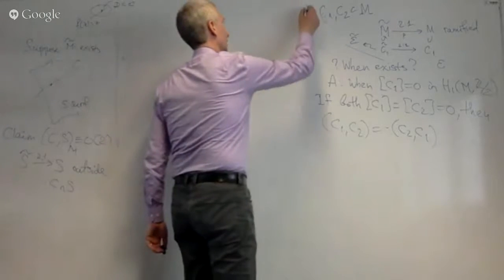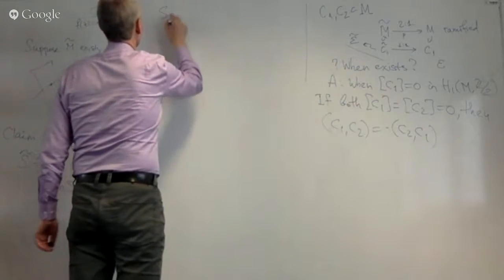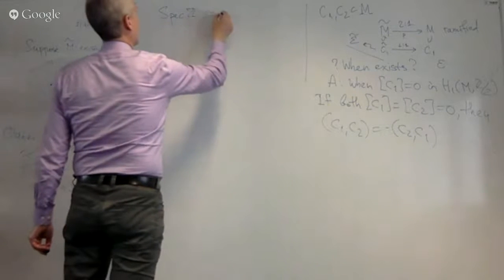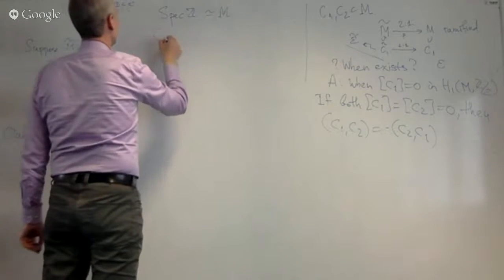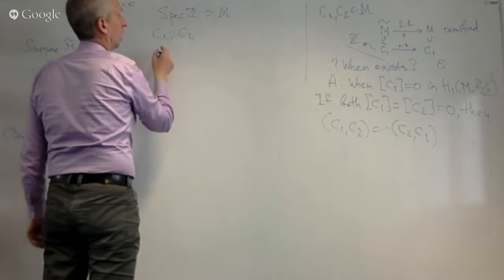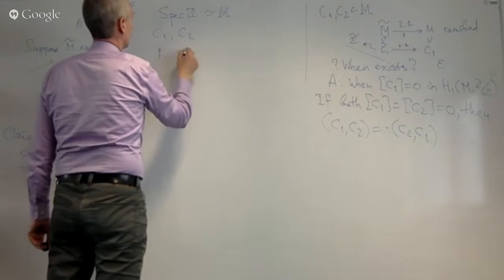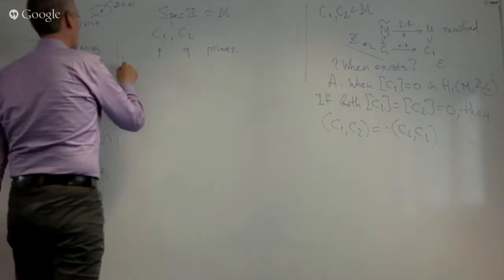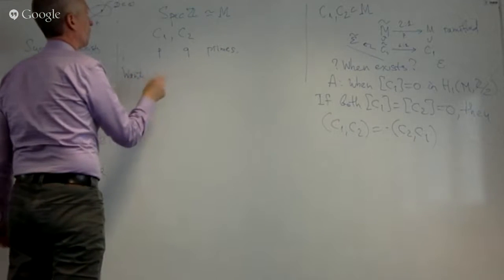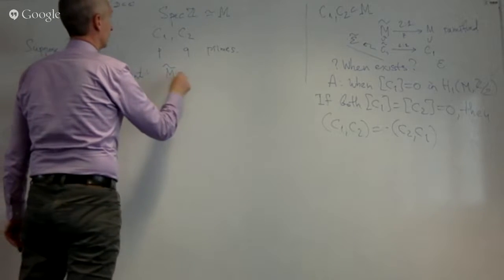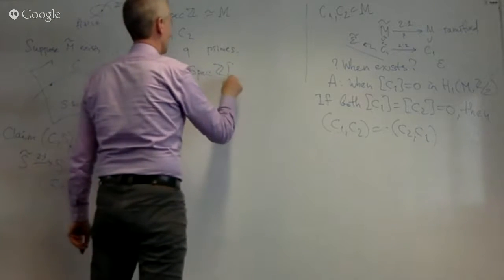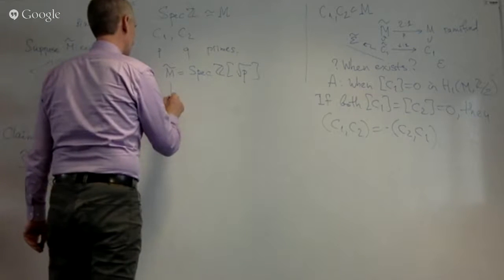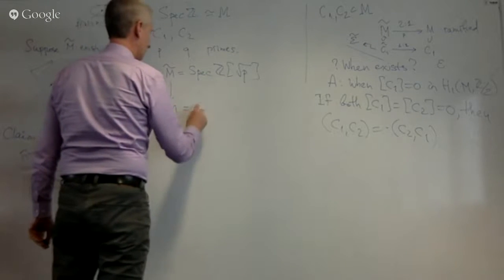Okay, now let's look at spec Z. So we want to take an element of M. And C1, C2 correspond to primes P and Q. And so naively, we want to take M tilde with respect to Z of square root of P. So we would cover in a 2-to-1 way.